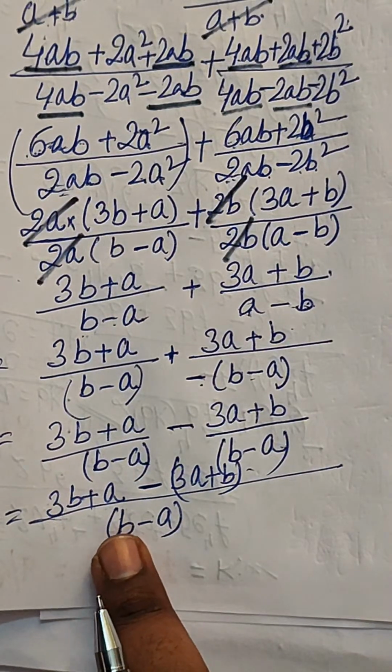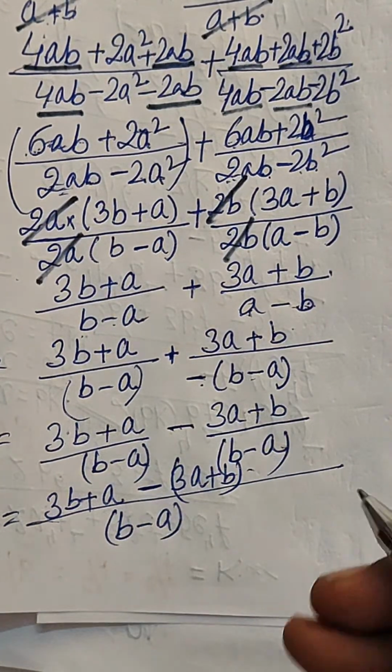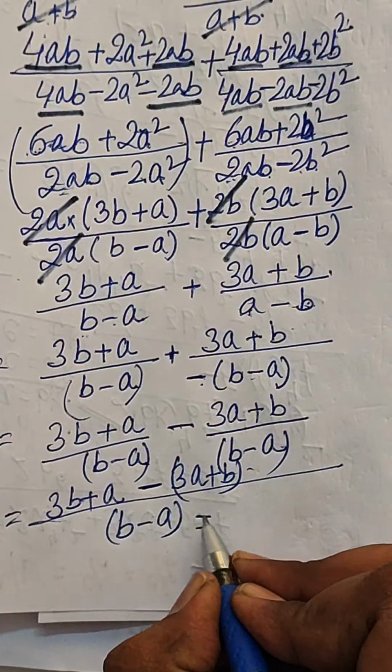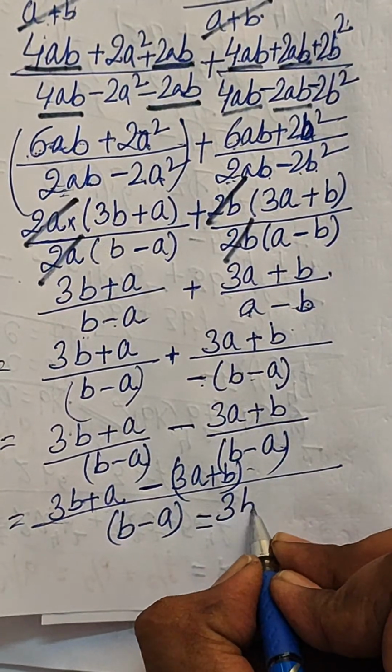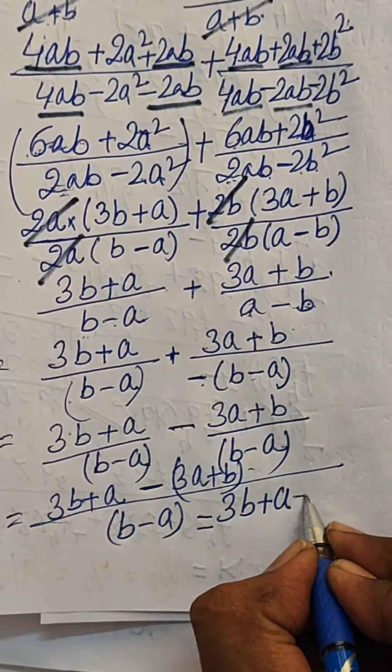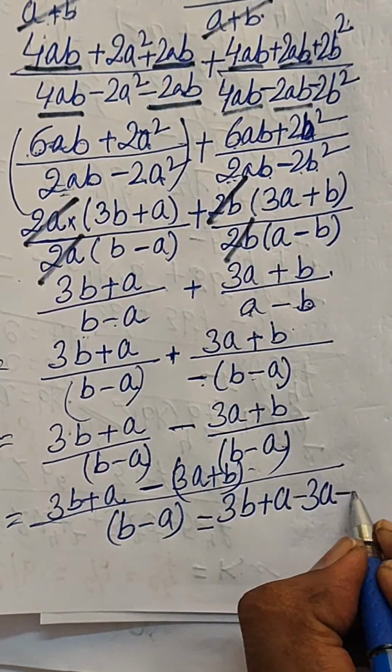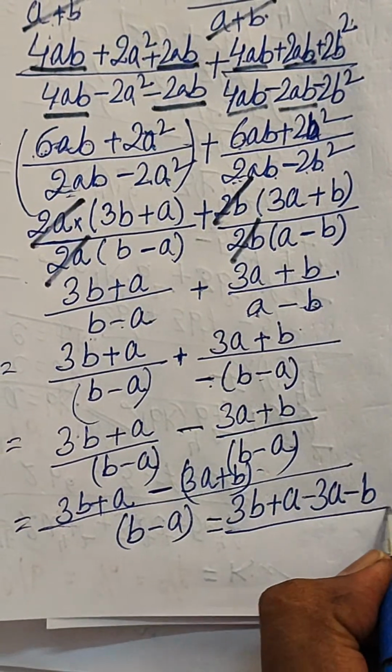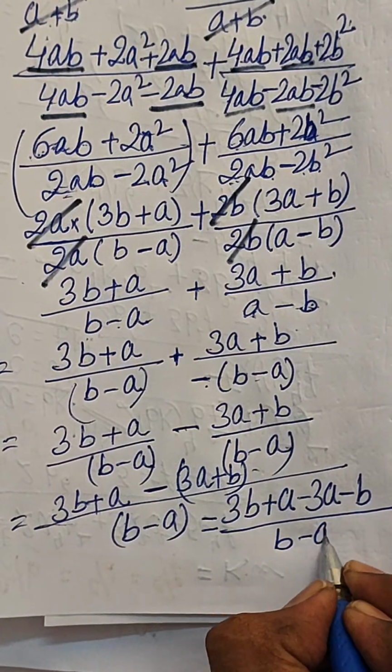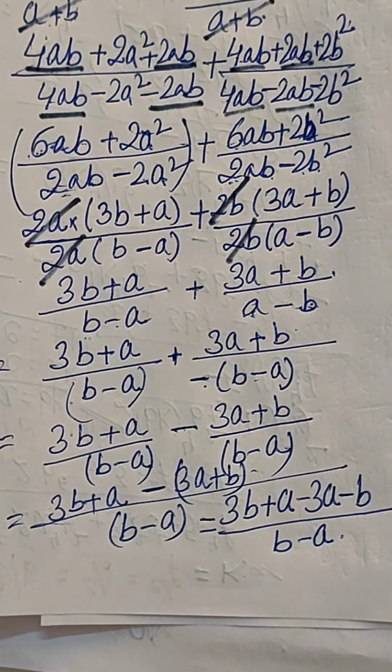So this will be equal to 3b plus a minus 3a minus b divided by b minus a, isn't it?